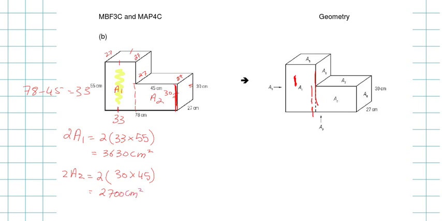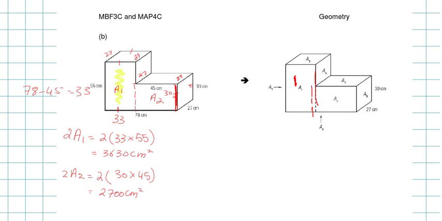So I did A1, A2. What they pointed at as A3 is the bottom. How many sides do I have that are similar to the bottom? That's it, just the bottom. There's only one face that's similar to that one, because the top is made of different things.